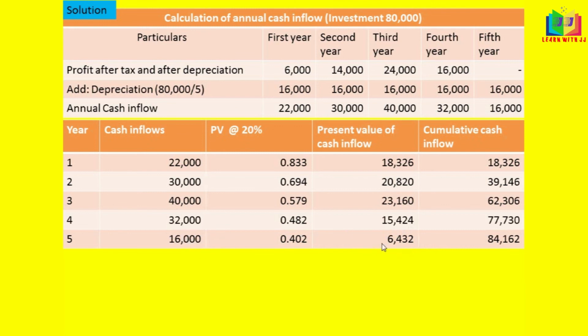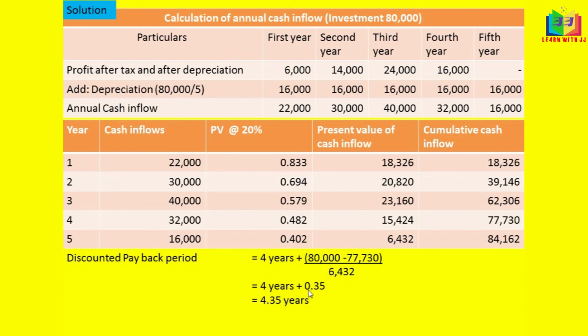Present value only, that is 6,432. We'll get 4 years plus 0.35, and the discounted payback period is 4.35 years.